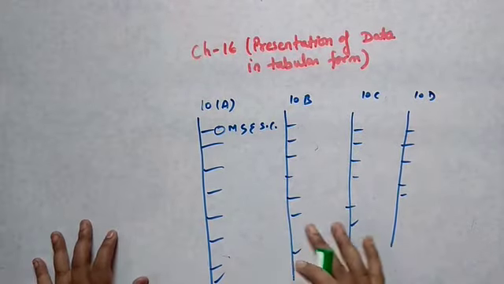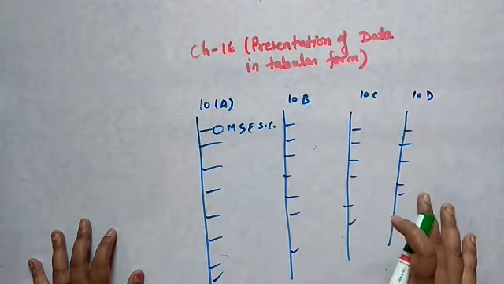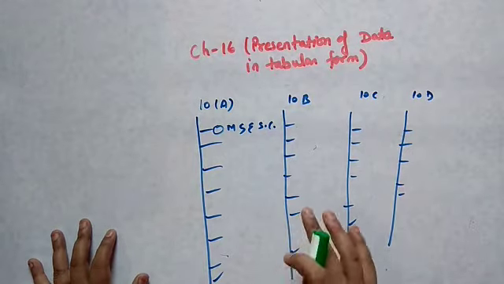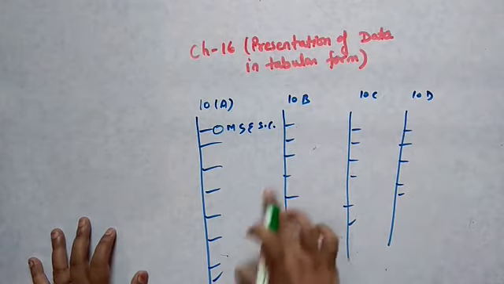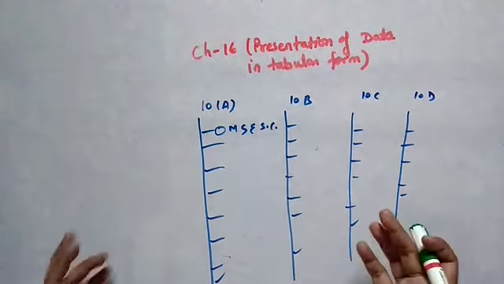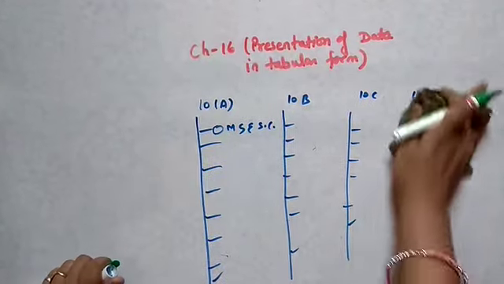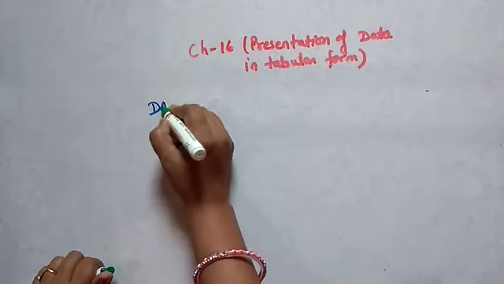Now if we want to organize all these numbers, that is said to be tabulation. The process of organizing the information in a proper manner is said to be tabulation. And the numerical figures that we are collecting, the group of numerical figures, is said to be data. So what is data here?